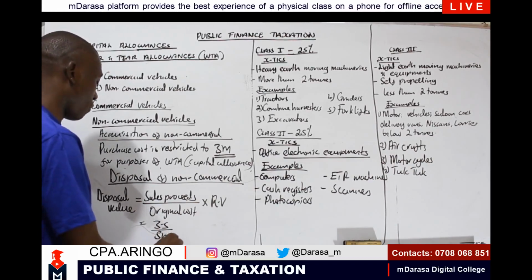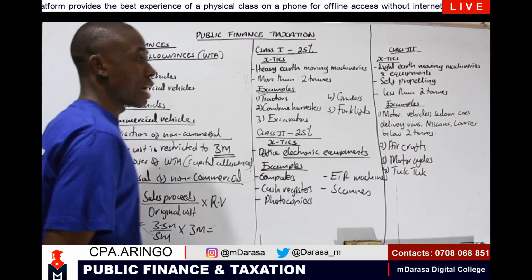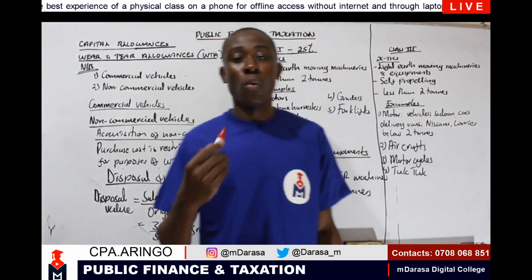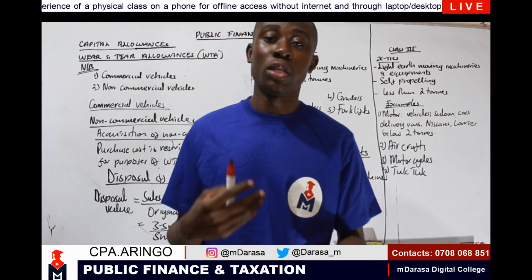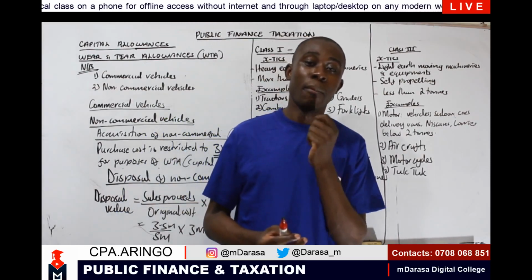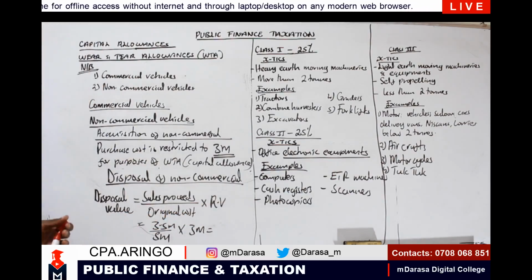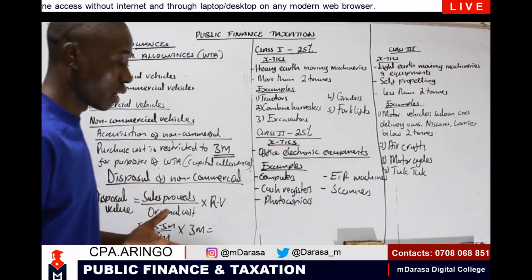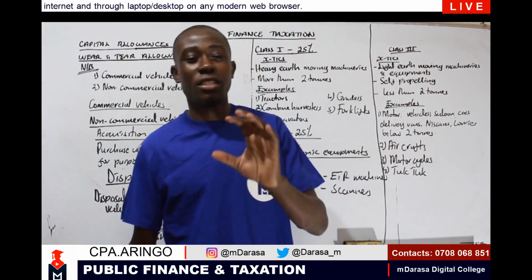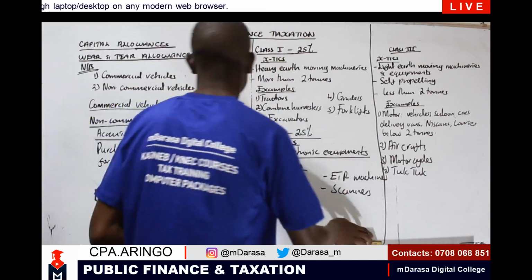Original cost was 5 million, times the restricted value, which is 3 million. The figure I get there is what I take as the disposal value. When we prepare our WTA schedule, you'll clearly see where this amount will fall, where we will treat the disposal value. So this is very important that we have it in mind.